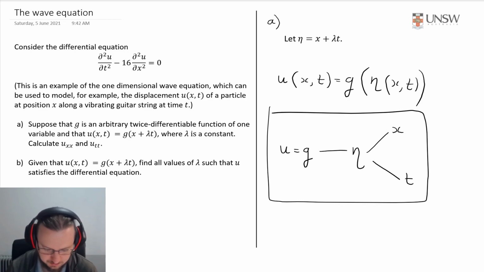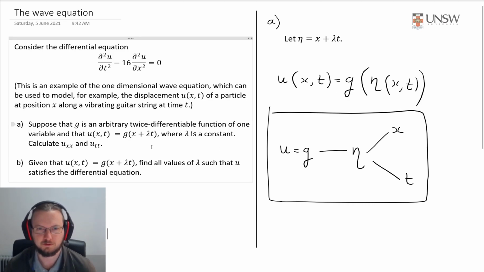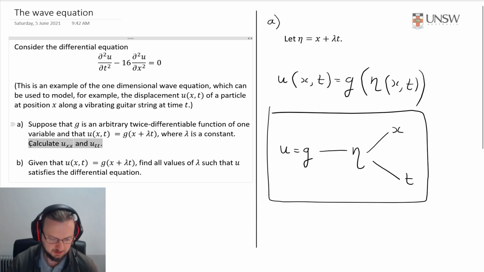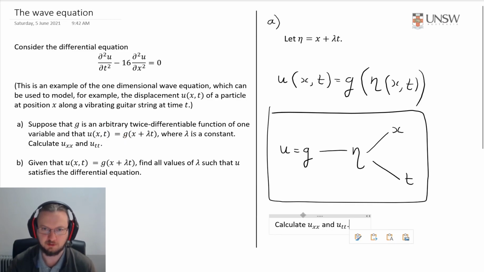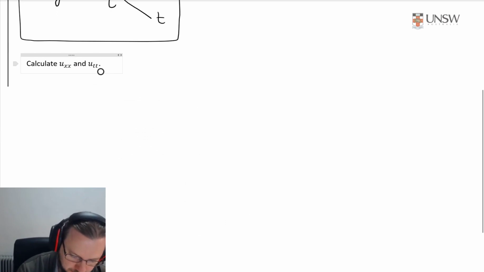So let's answer the first question. Alright, so what's the first question really asking us to do? It just says calculate u subscript xx and u subscript tt. Now, those are really just partial derivatives.